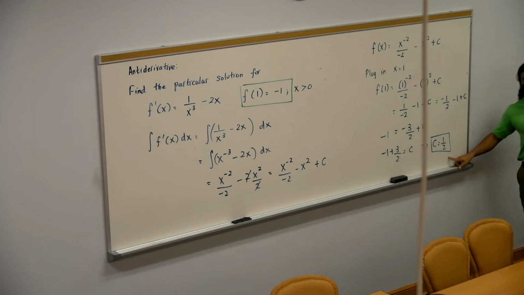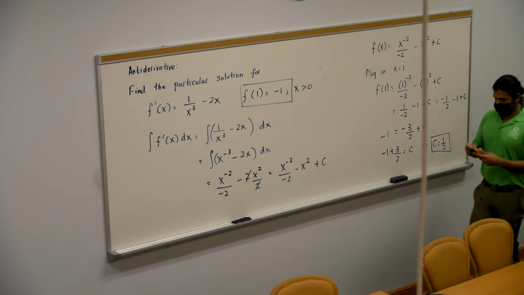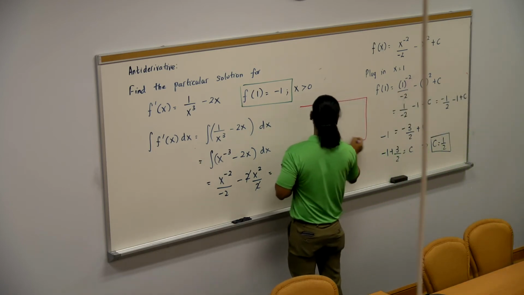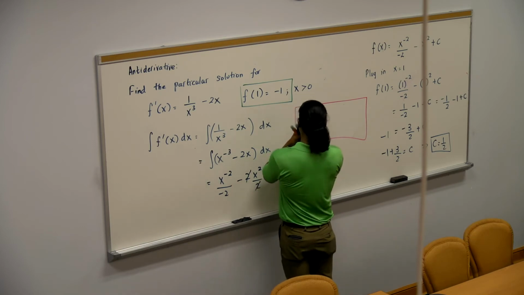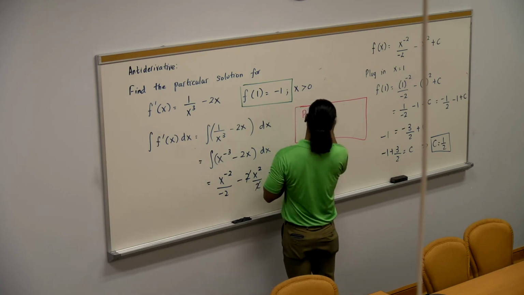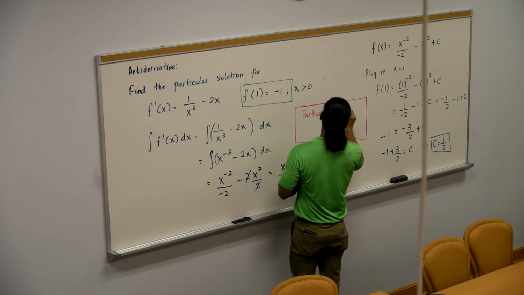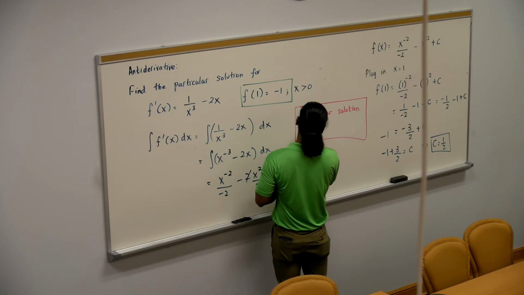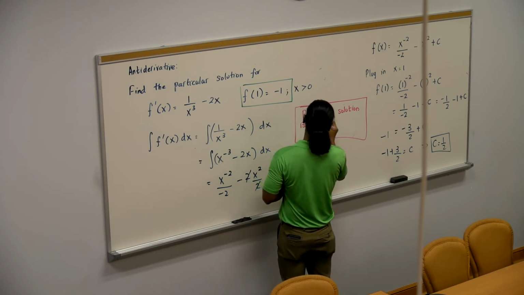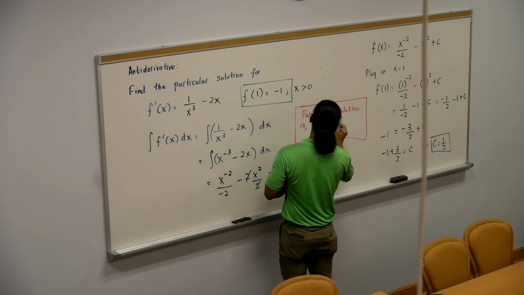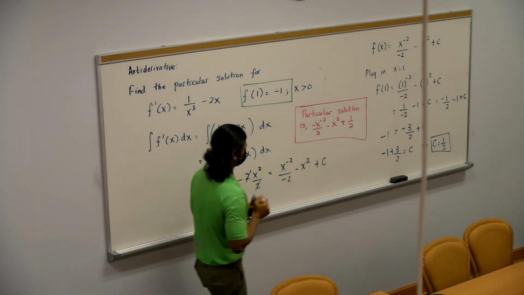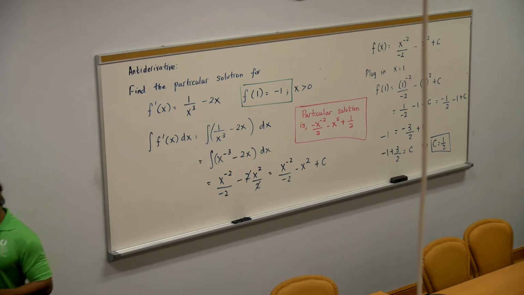So the value of the constant is 1/2. So what is the particular solution? So right here. Are we clear?